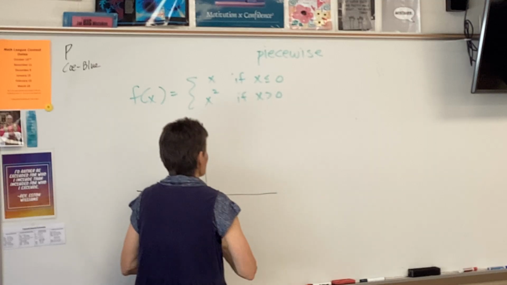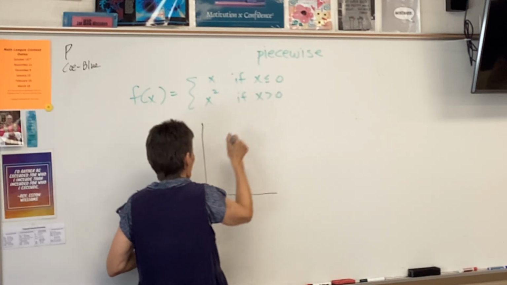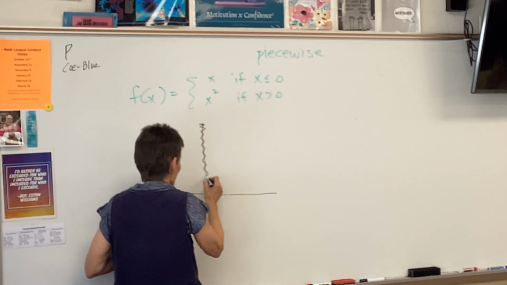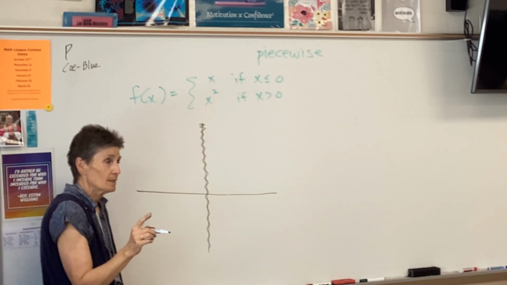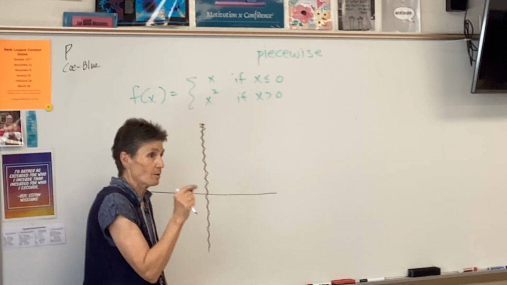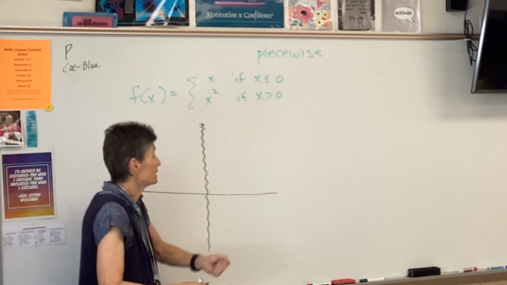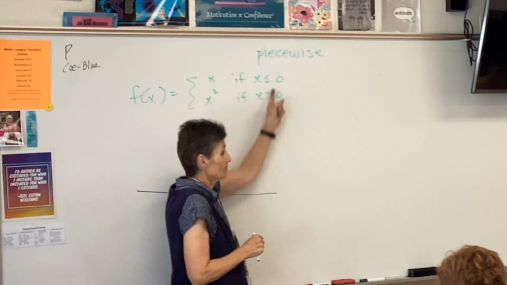When I look at this, I can see that the issue is happening at 0. So I'm going to put a squiggly line. It's not an asymptote. It literally is the place where the picture is broken into pieces. Right there.